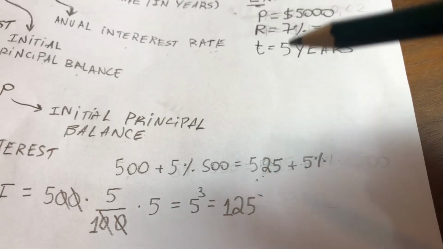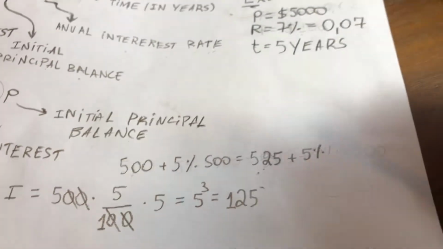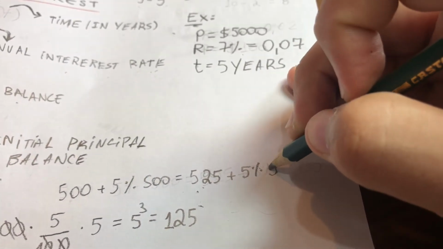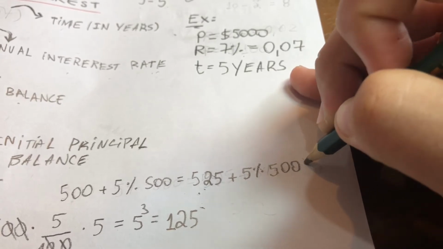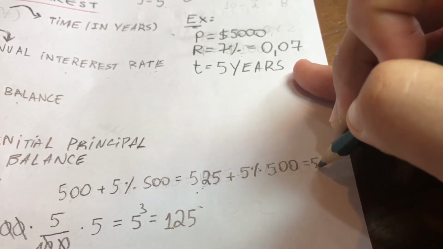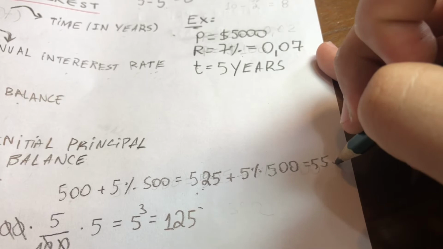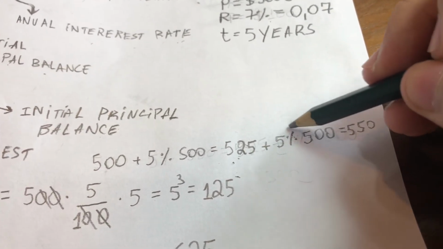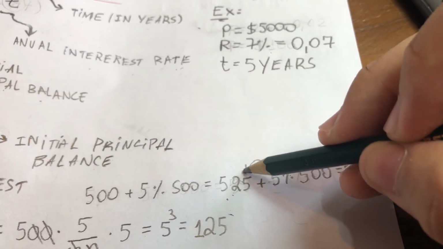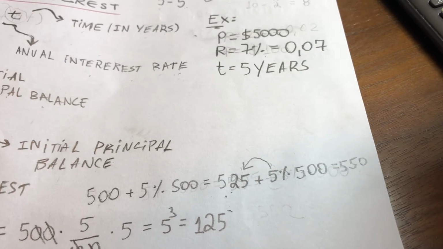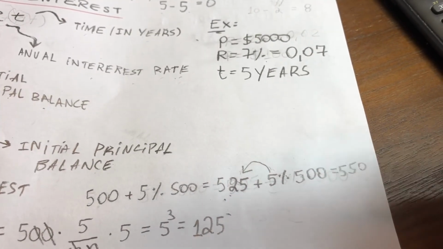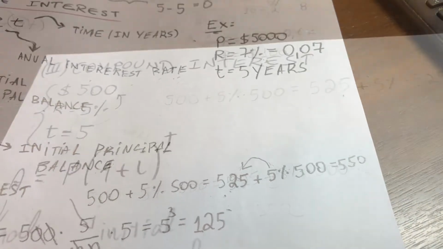It's always on the initial value. This is going to give us 550. If we had plus 5% of this new value, we would have compound interest. And this is what we are going to talk about in the next part.